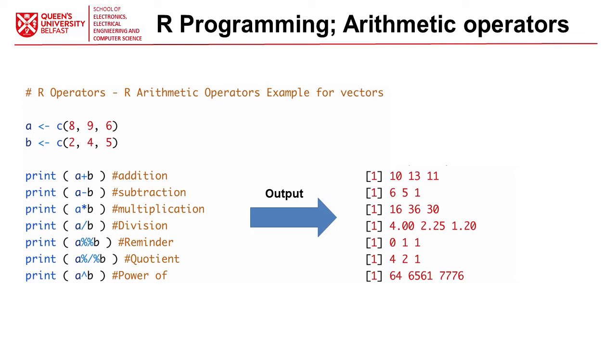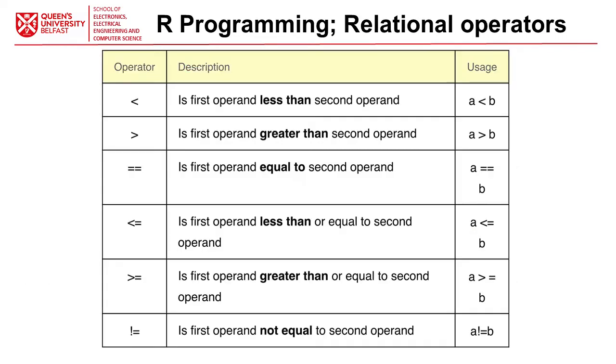As you can see, correspondingly it added 8 plus 2, 9 plus 4, 6 plus 5, and for subtraction again, index by index, the first element, the second, the third, and also for the remainder, quotient and power. For instance, a power b is going to be 8 power 2, which is 64, 9 power 4, this number, 6 power 5, this number.